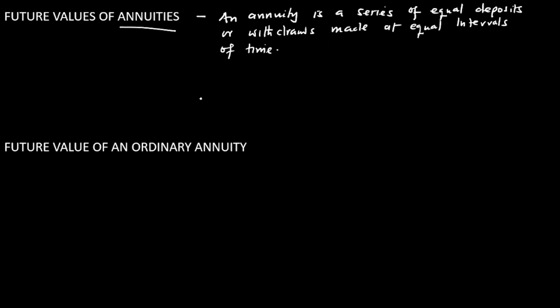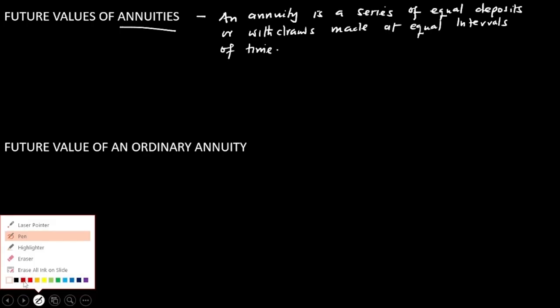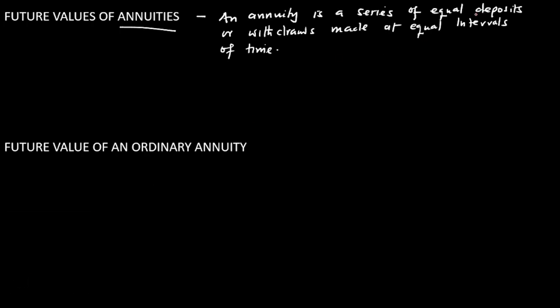So what this means is that you are either making deposits or you are making withdrawals at an equal interval of time. Meaning those deposits that you are making are of the same value, or those withdrawals that you are making are all of the same value.